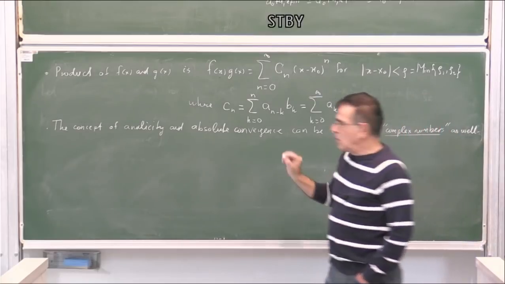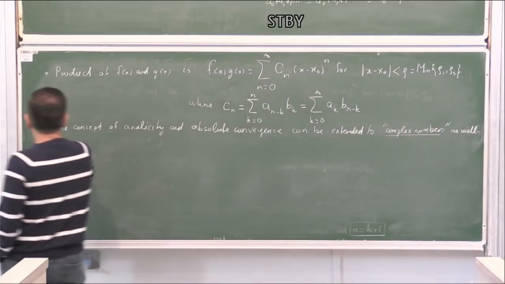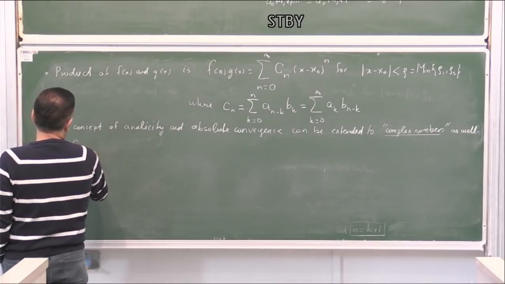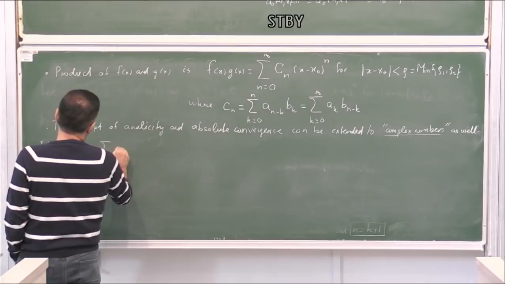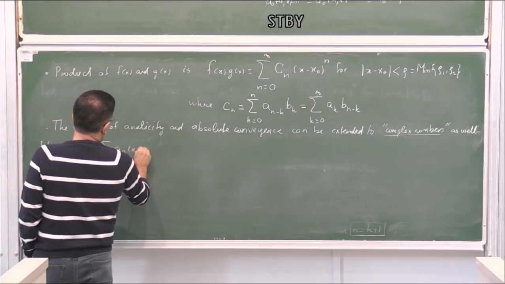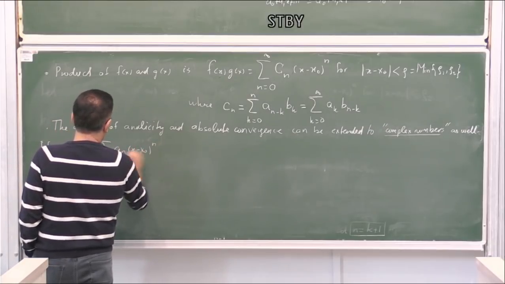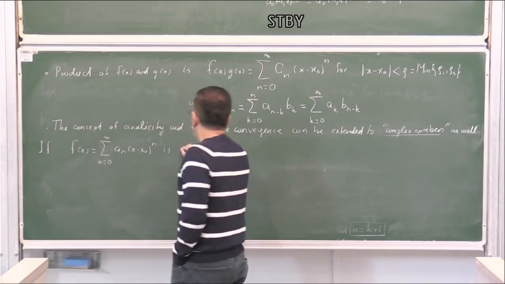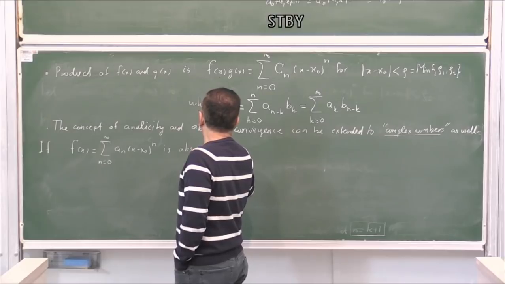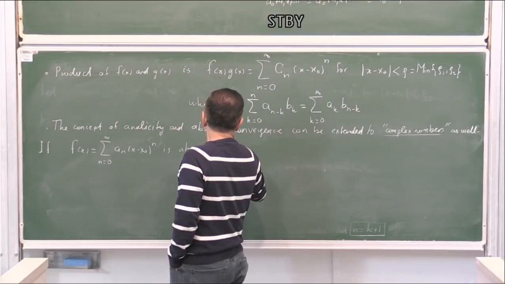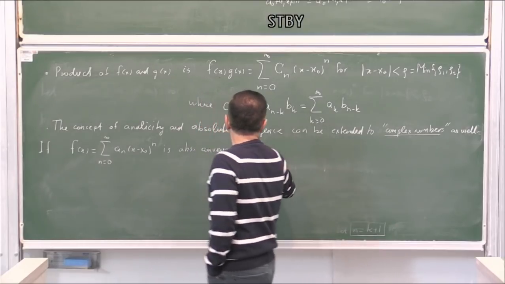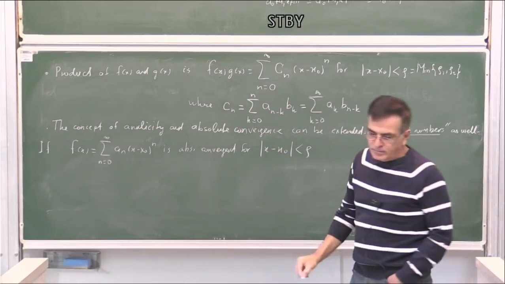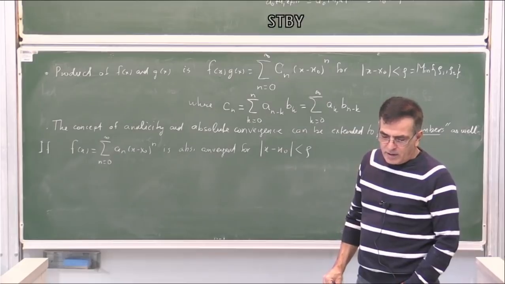Good? So if f of x, the series a_n (x minus x0) to power n, is absolutely convergent for absolute value of x minus x0 smaller than rho, okay?